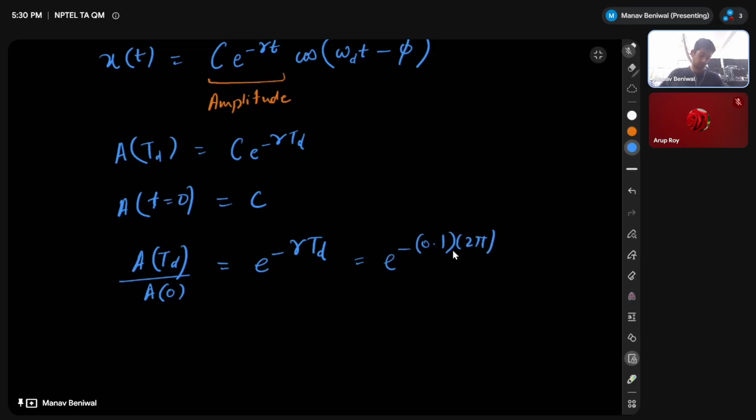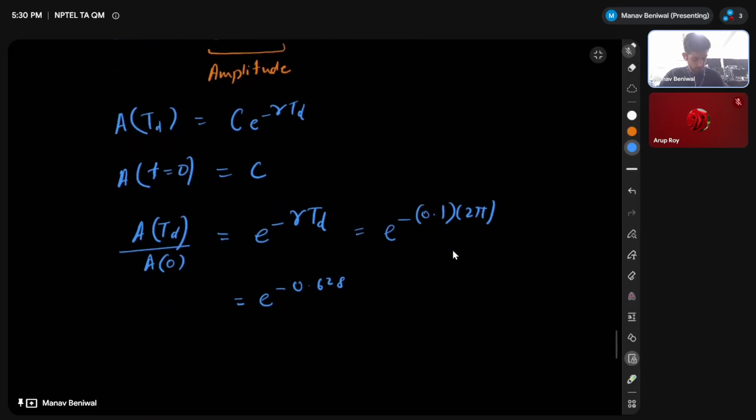Let me calculate. This is e to the minus 0.628, and if we calculate this value, we get this ratio as 0.53, which means it has decreased by roughly half.